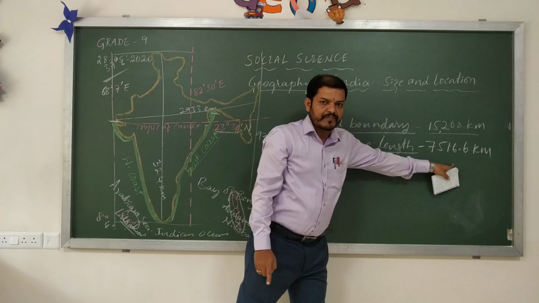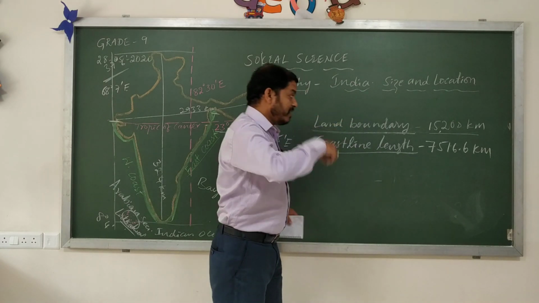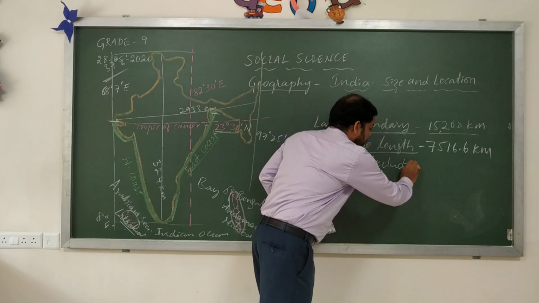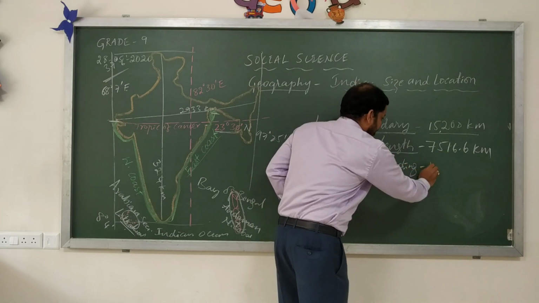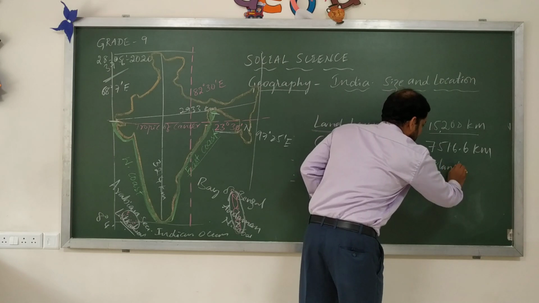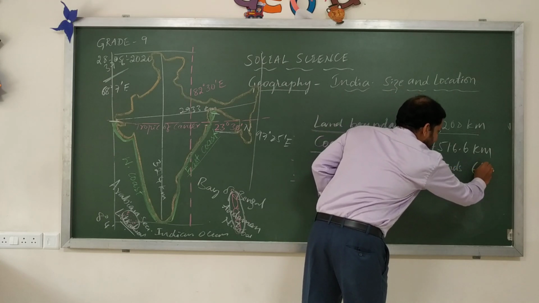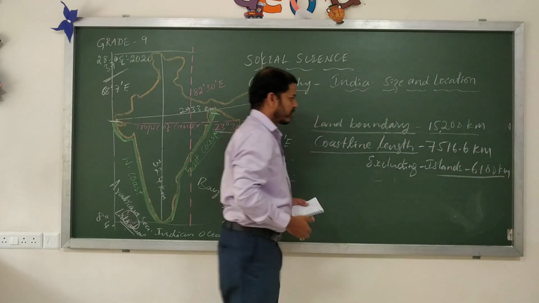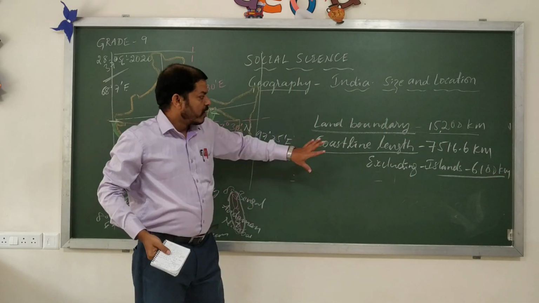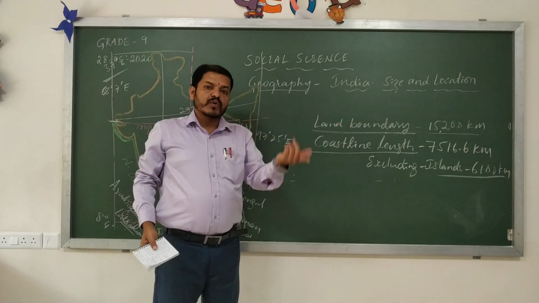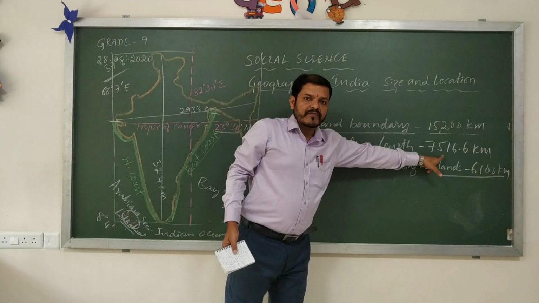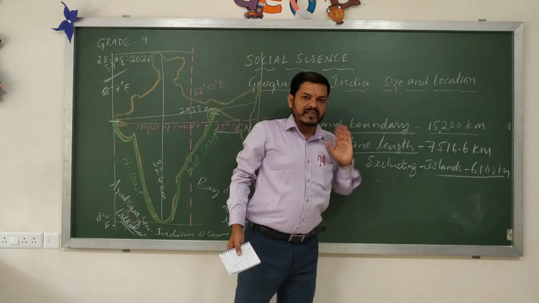We say 7,516.6 kilometers. If you take it excluding these islands, it is only 6,100 kilometers. Please make sure, children, if you are asked the total coastline length of the country, you have to write 7,516.6 kilometers.